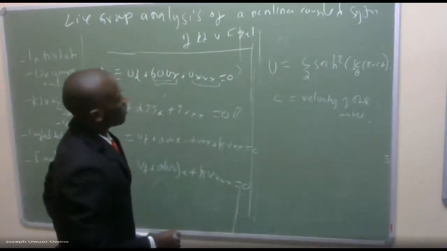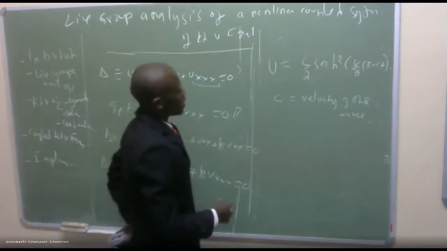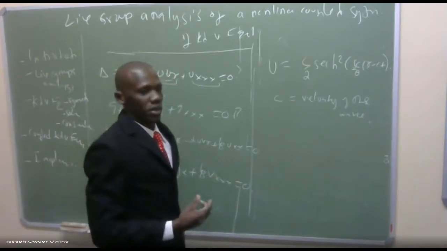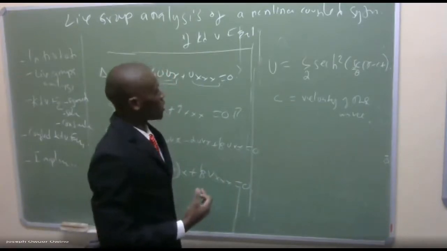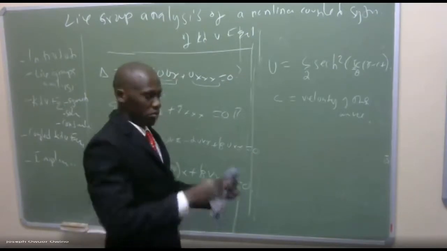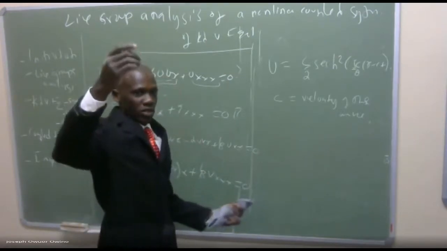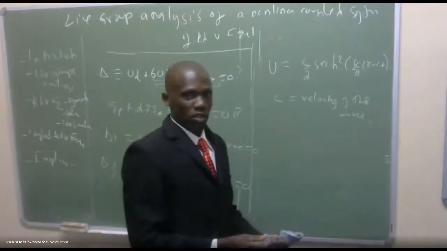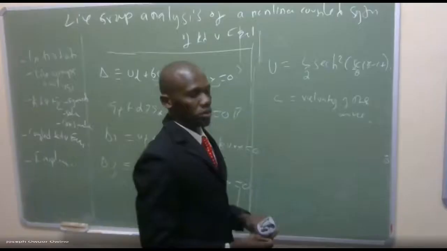And from this, I can also say that the velocity of the wave depends on its amplitude. So the taller the wave, the faster it travels. It's exactly. And the shorter the wave, the slower it travels. Yes. Yeah. Because they're proportional, the amplitude and the speed or the velocity are proportional to each other. Yes. Right. Thank you very much.